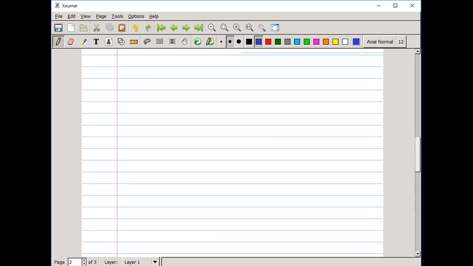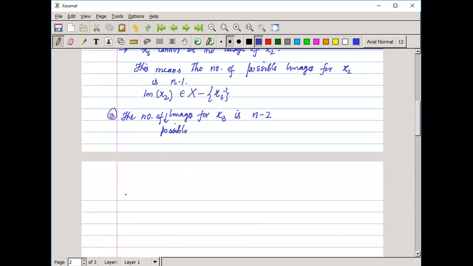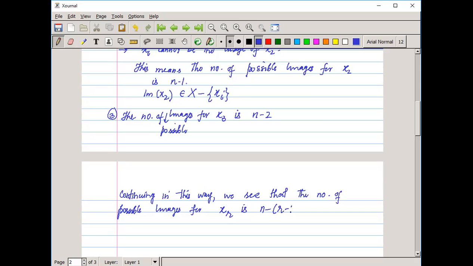So continuing in this way, what we see is that the number of possible images for x_r is n minus r minus 1.